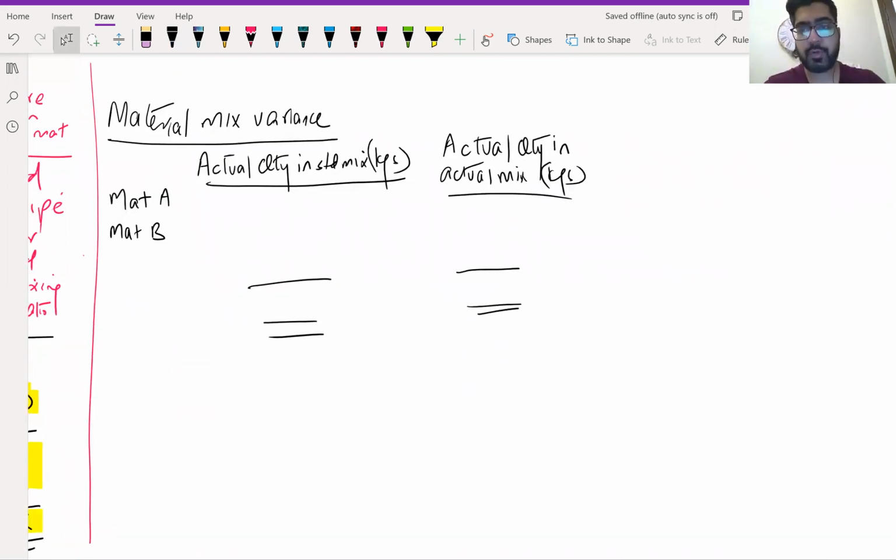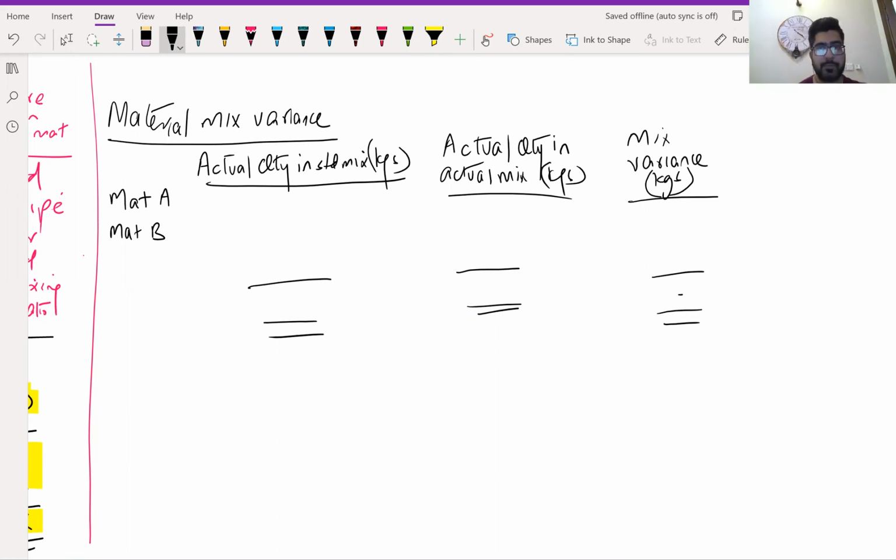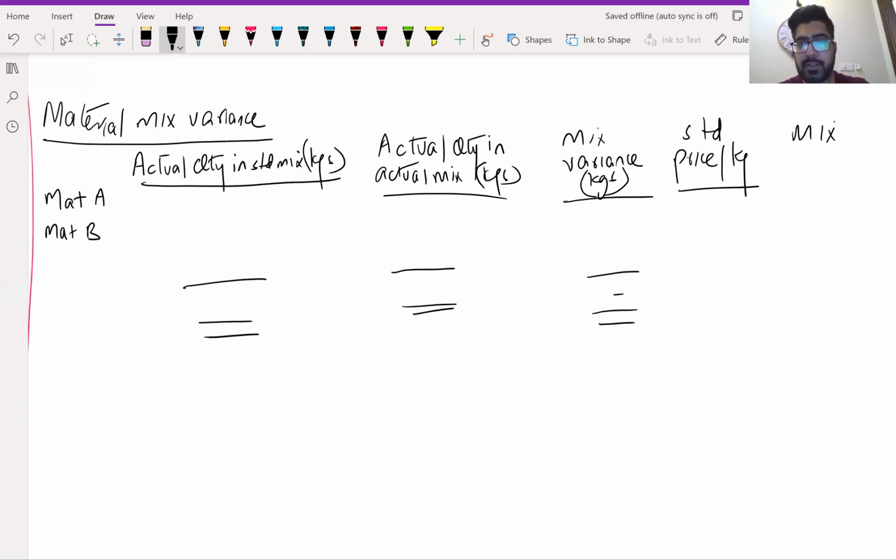This comparison produces mix variance in kgs, the net of which will be 0. You multiply it with standard price per kg, and you get mix variance in monetary form.